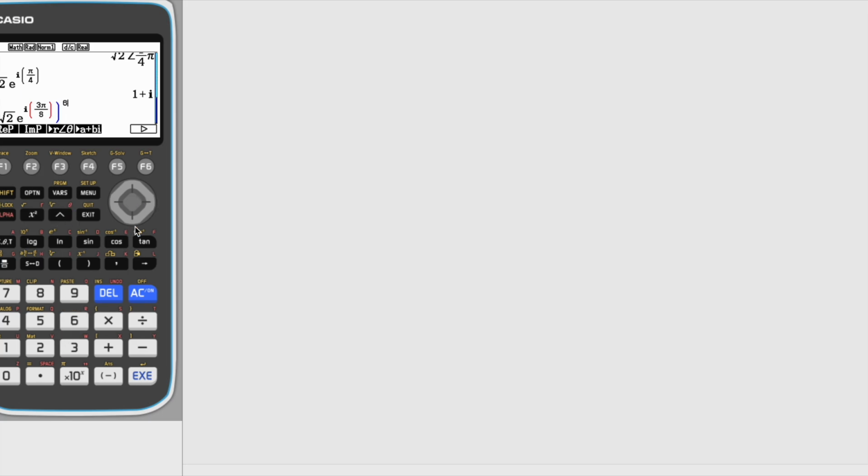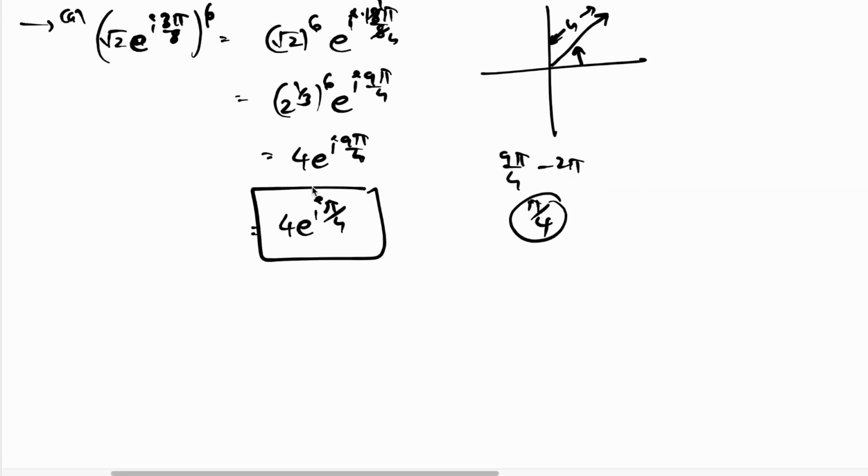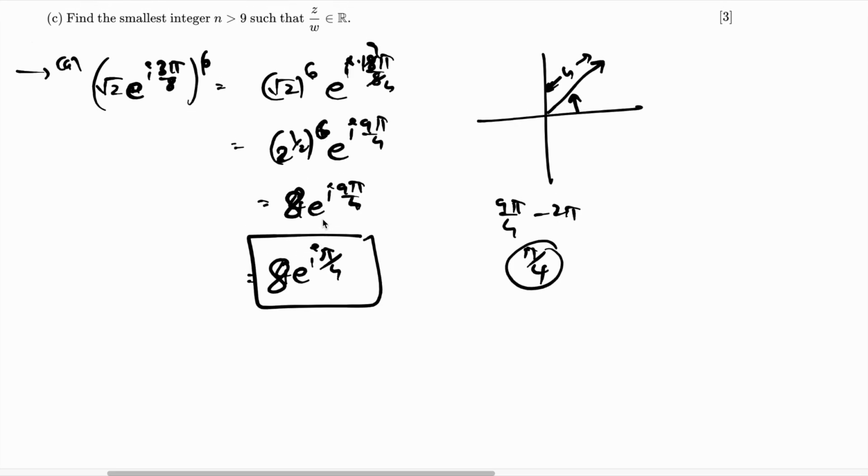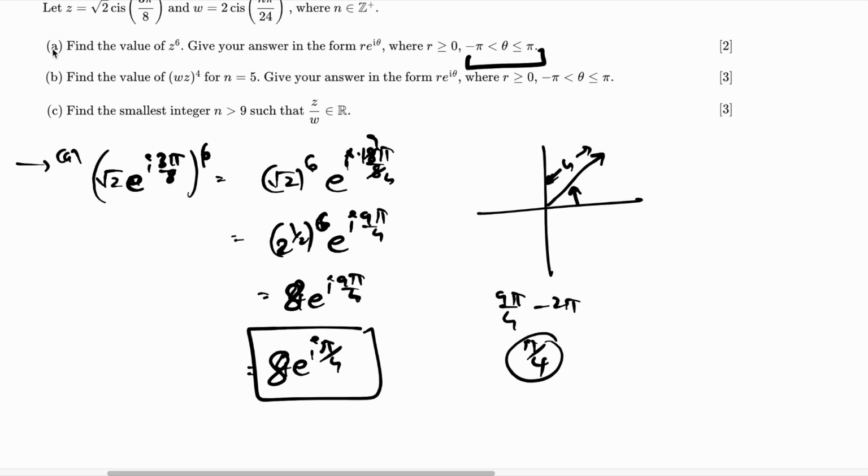And I want my resultant answer to be in polar form, so I'll put this r theta syntax separately towards the right. So I get 8 cis pi over 4. Oh, my bad. This was 2 raised to half. So this is 2 raised to half raised to 6, which is actually 2 raised to 3, 8. So I'll make the correction here. So my complex number is 8 e raised to i pi over 4.